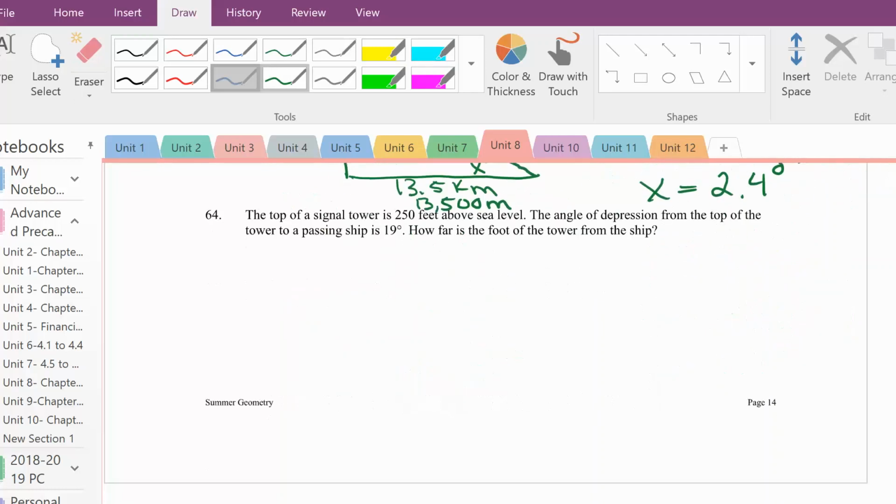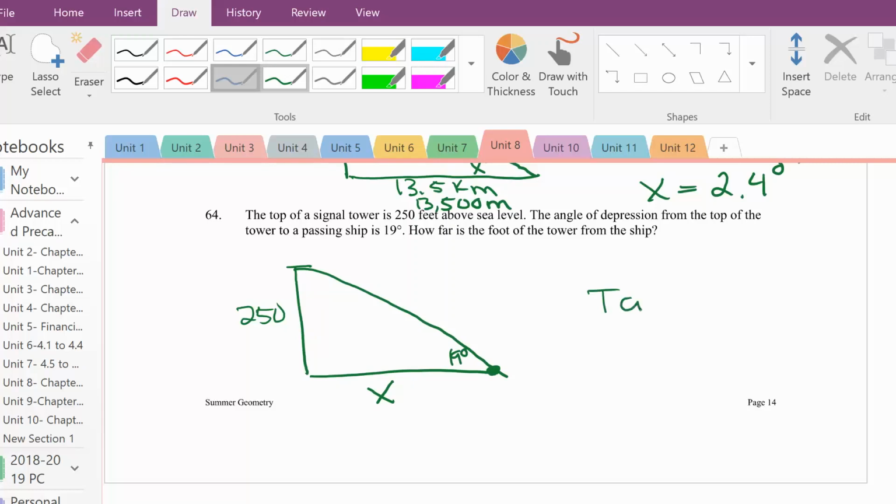And last but not least, the top of a signal tower is 250 feet above sea level. The angle of depression from the top of the tower to a passing ship, so the ship is out here, is 19 degrees. How far is the foot of the tower from the ship?